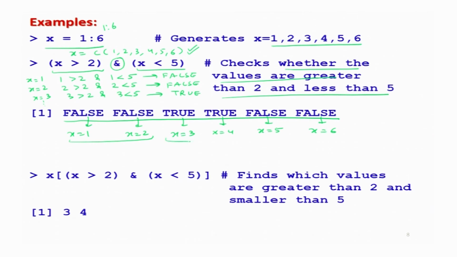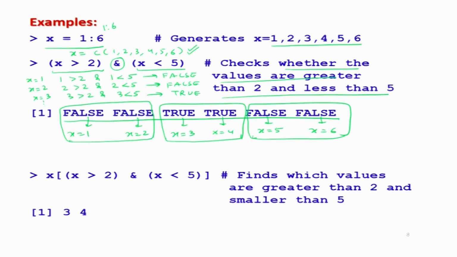For the values 3 and 4 this condition is true, and for values 5 and 6 once again the condition is false. That is how we can check a condition over a data vector.